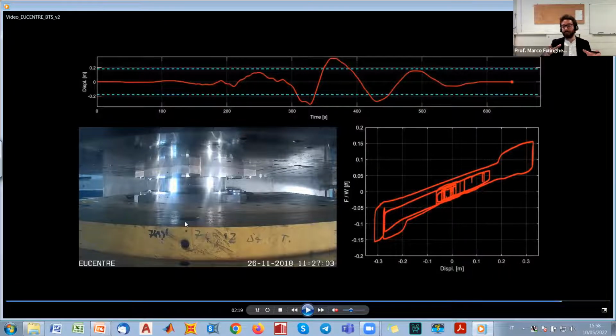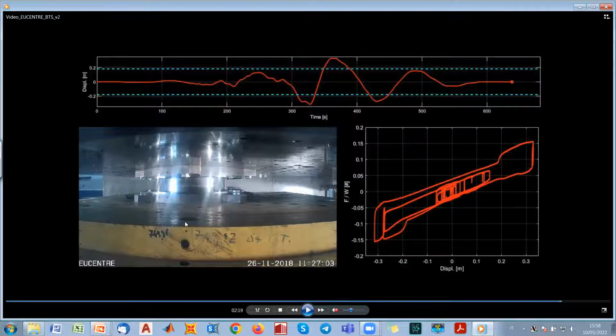Then the internal slider falls outside the bearing, and so there is the vertical collapse of the overall structural system. So there is a huge damage. Perfect. Thank you. It's very clear now.